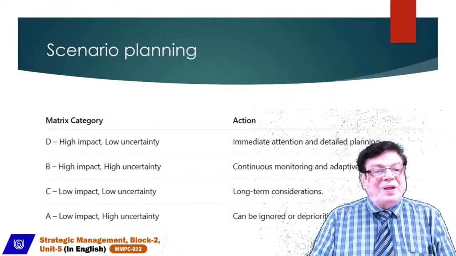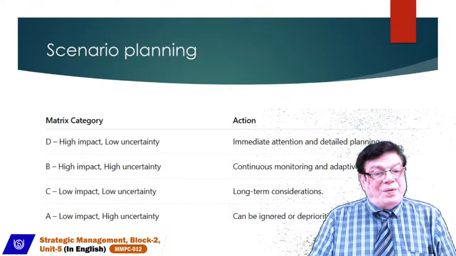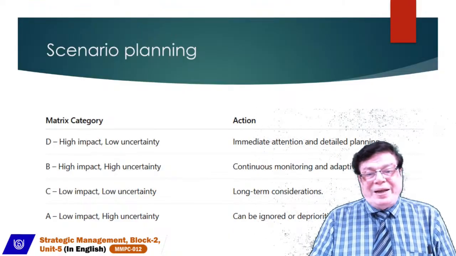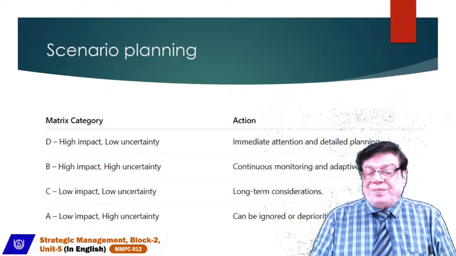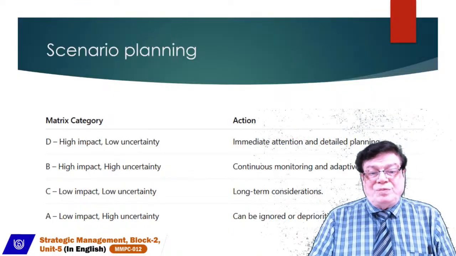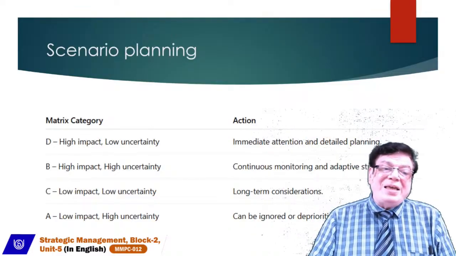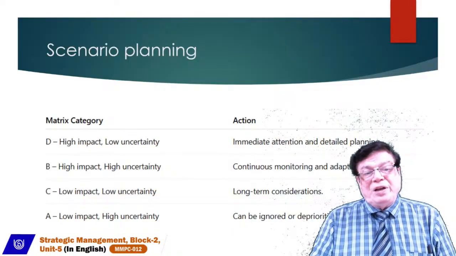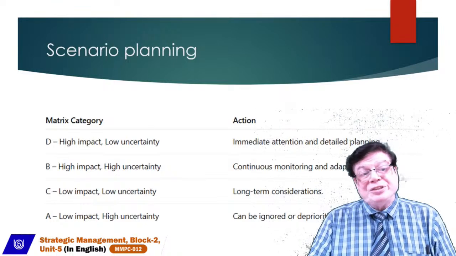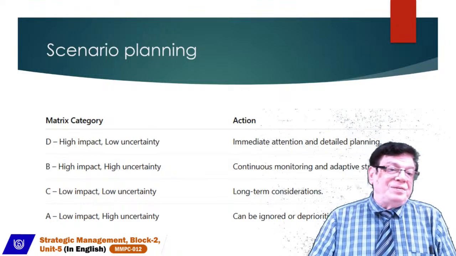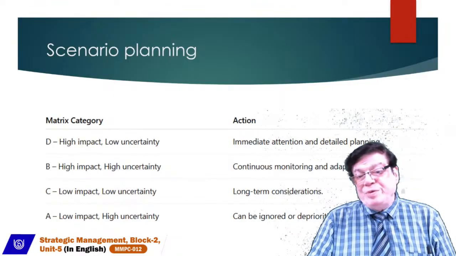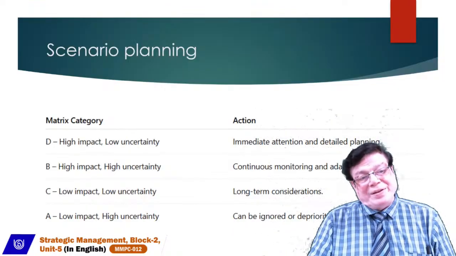Low impact, low uncertainty is for long-term considerations. For high impact, high uncertainty, the action is continuous monitoring and adaptive strategy. Then the matrix category high impact, low uncertainty requires immediate attention and detailed planning.